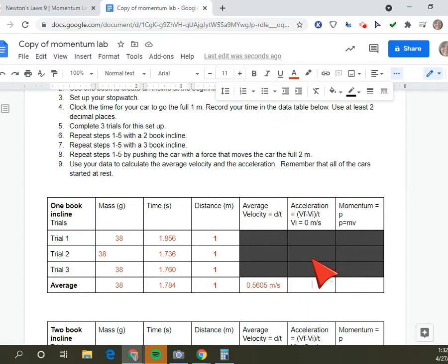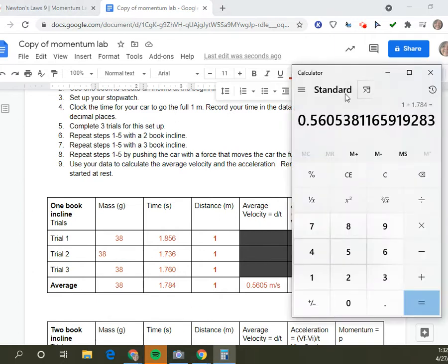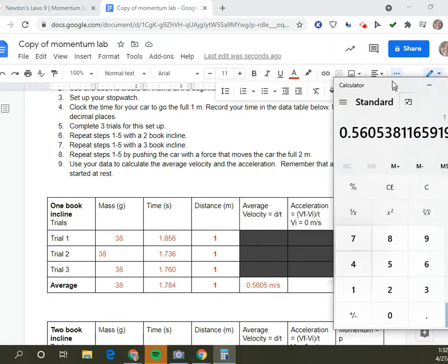So acceleration is the calculation that we did yesterday in class. And so we have that same formula, final minus initial over time. And in this case, we're told the initial velocity was 0 meters per second because we were sitting still. So let's pull up our calculator and calculate that.